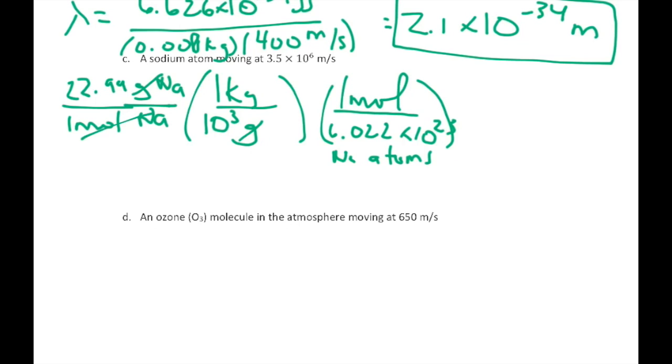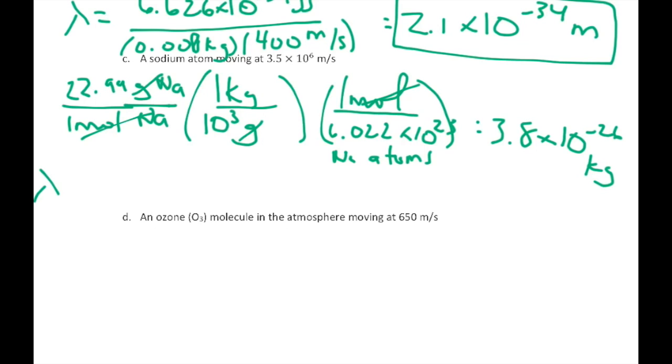Okay, so now moles cancel. So we plug all that in. And we get a very small number, which is what we expect. 3.8 times 10 to the negative 26 kilograms.